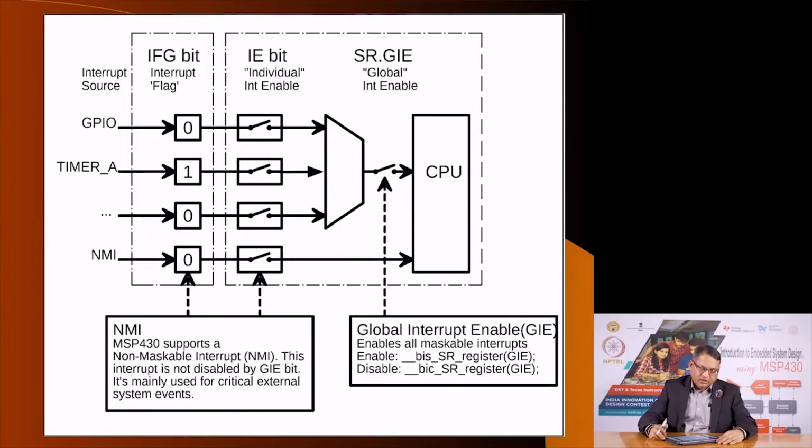As I mentioned, the source of the interrupt could be input output pins here. The source of an interrupt could be the timer counting time. It could be the non-maskable interrupt.